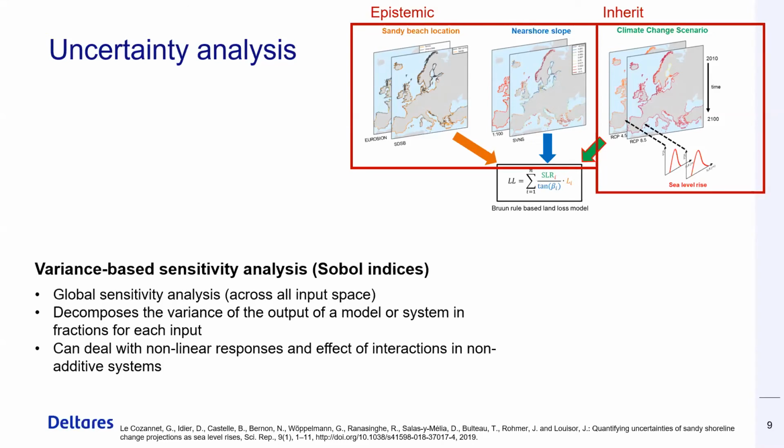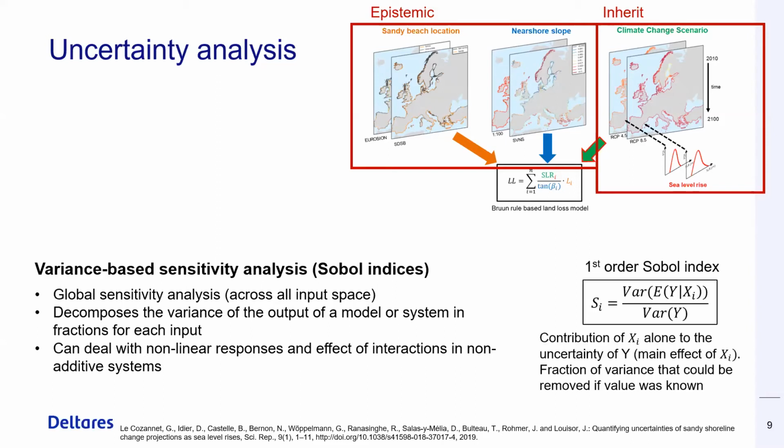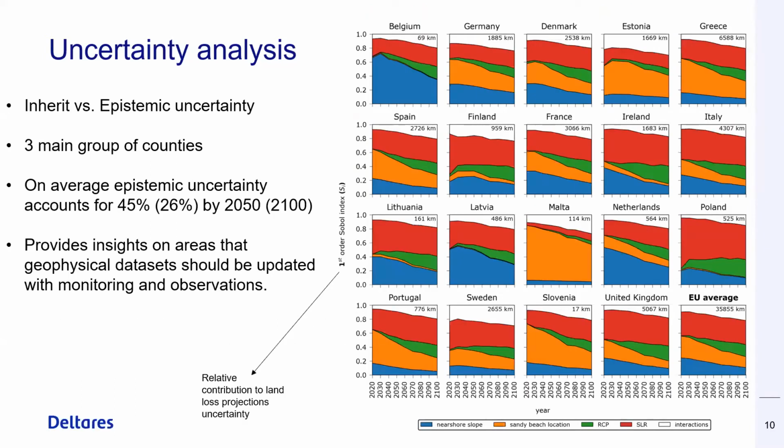I will try to be a little faster. In order to do that, we used a variance-based global sensitivity analysis, where we used Monte Carlo simulations for each of the areas in order to identify how much of the variance is explained by each parameter. Doing that for all the countries, we could see that the attribution of the different uncertainties can change quite a lot from country to country, as you can see in this map.